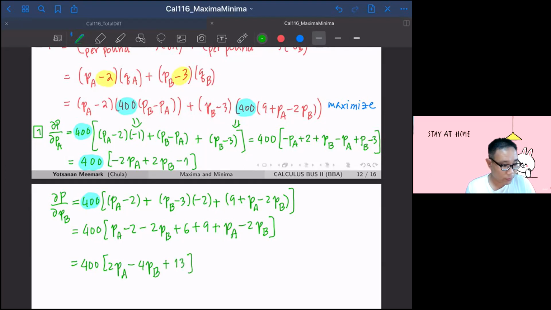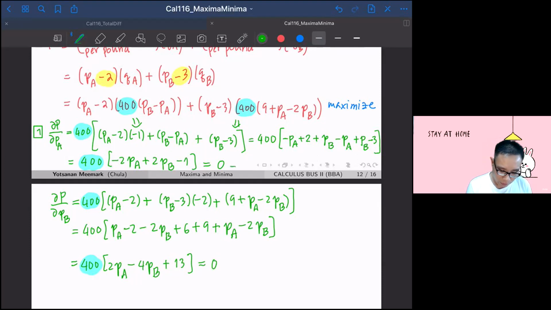So this one is dP by dPB. And then you're going to solve for the critical point, so you let this equal to 0 and solve for the critical point.